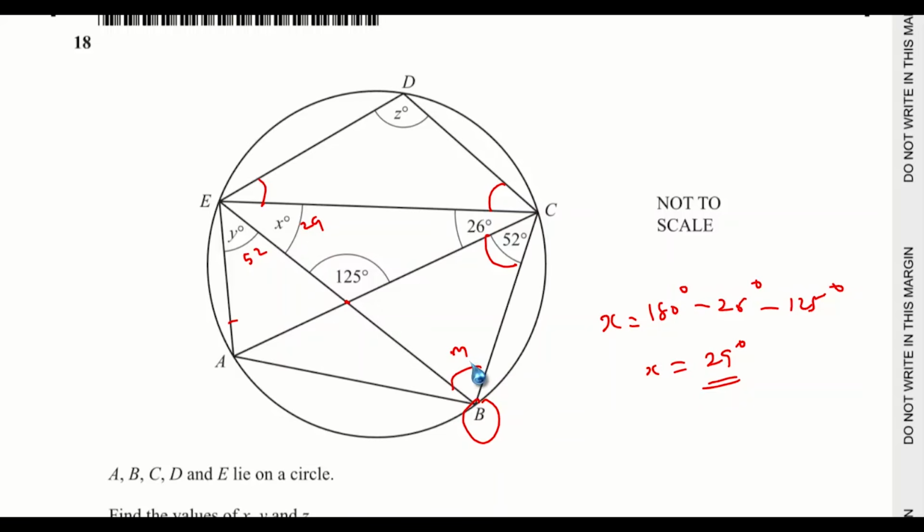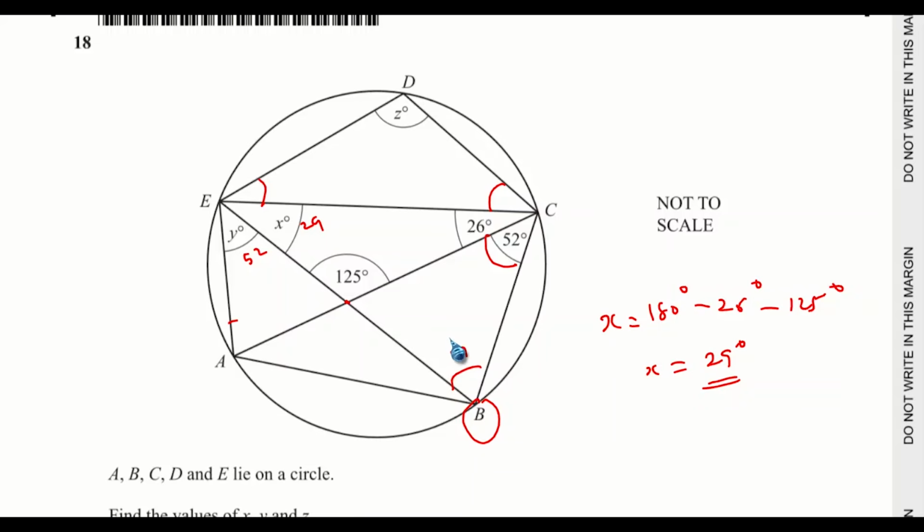That will give me M. Since these two are supplementary, Z will be 180 minus the answer I get here. So this is pretty easy.